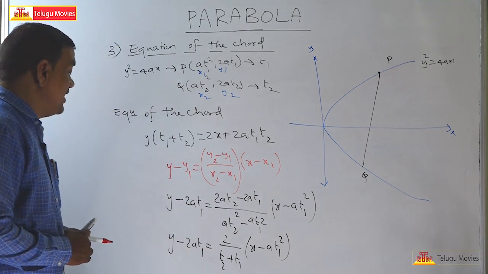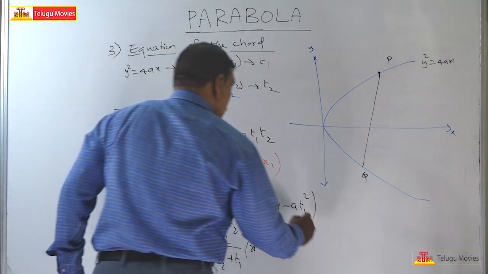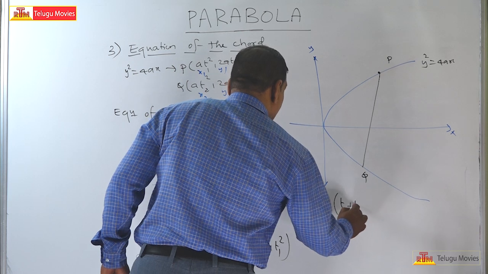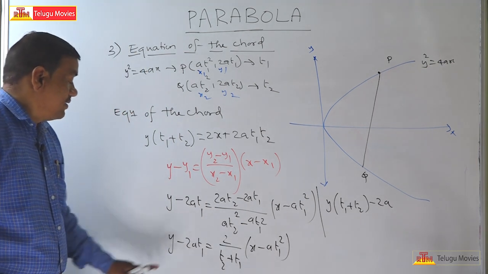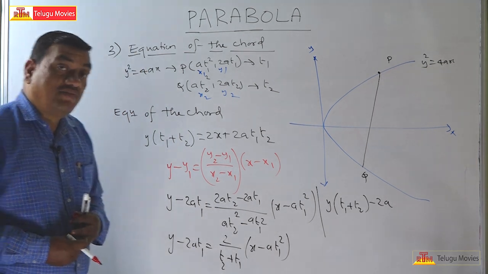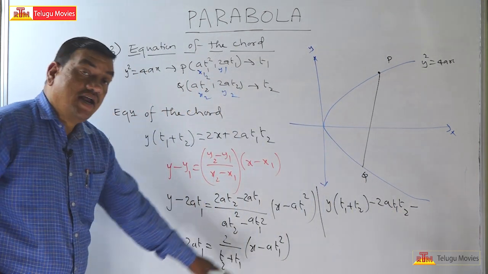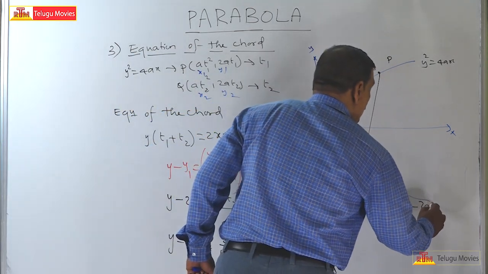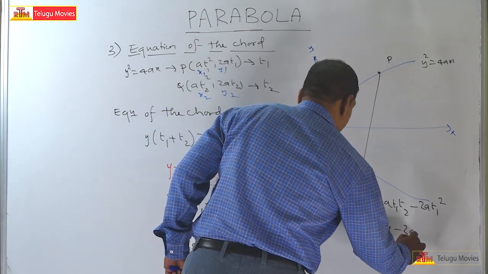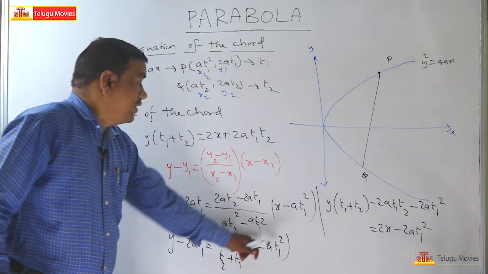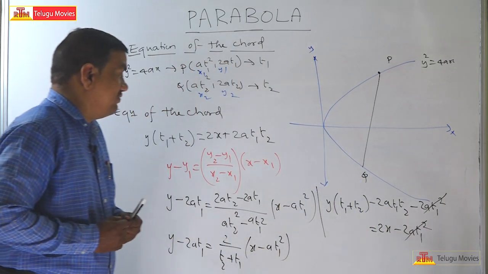Then you cross multiply it, and you take to another side, you will get y times (t1 plus t2) equal to, if you multiply this, 2x minus 2a t1 square, minus 2a t1 t2... the 2a t1 square terms will get cancelled.